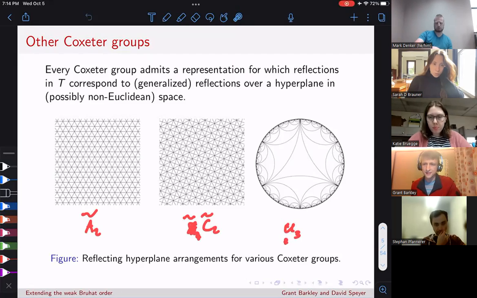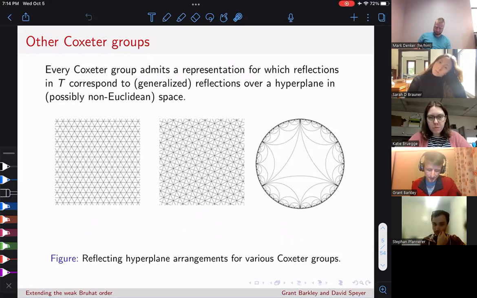But as you can see, the pictures get a bit weird compared to what we were looking at before. So now there's infinitely many lines. These pictures keep going on beyond the borders that I've drawn here. And we can even have these non-Euclidean reflections, like in this case. So this is called a hyperbolic Coxeter group.